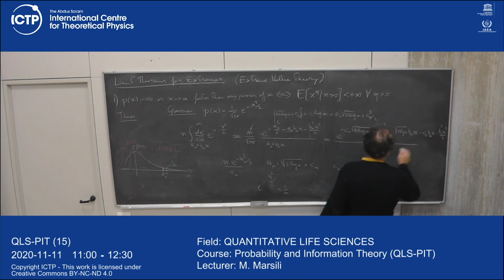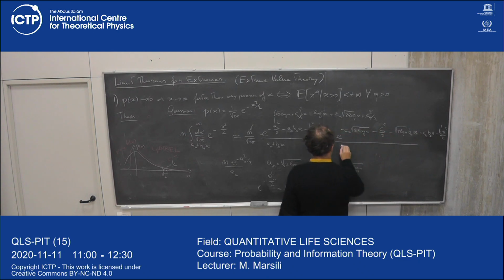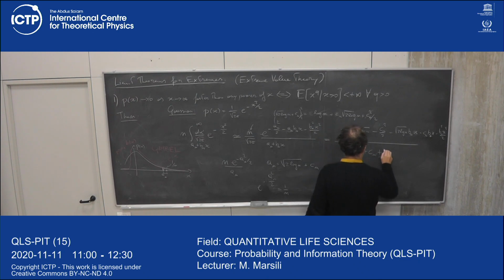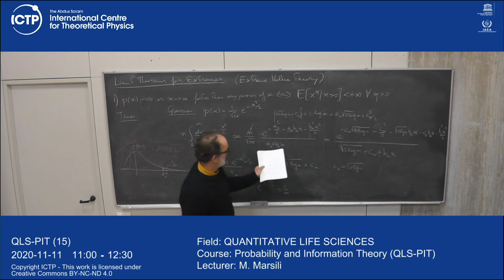This is divided by square root 2 log n plus Cn plus bn times x, which is this, okay?